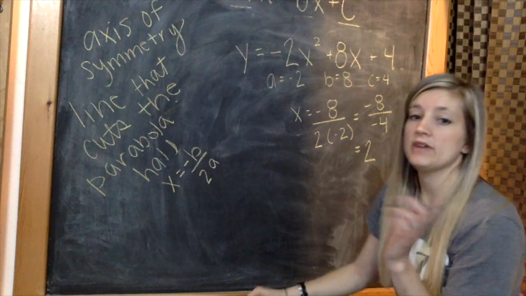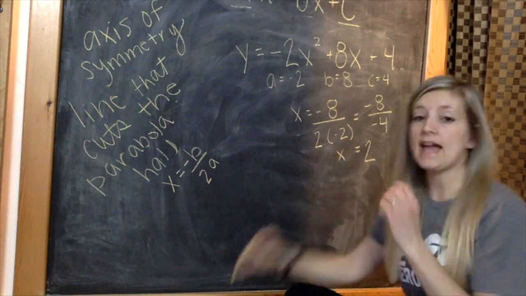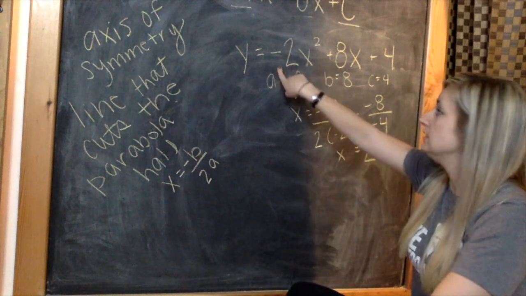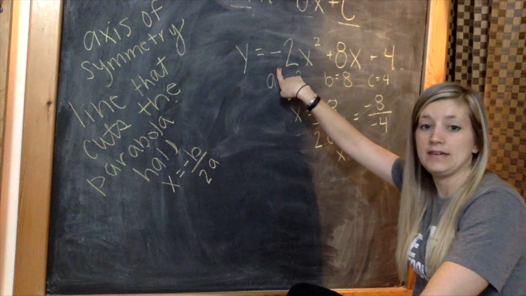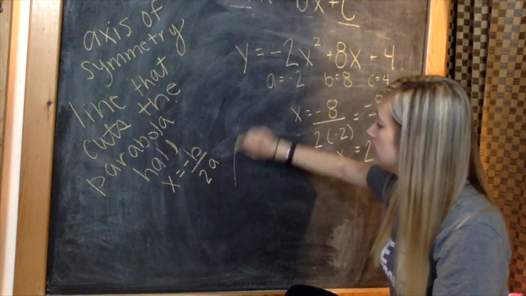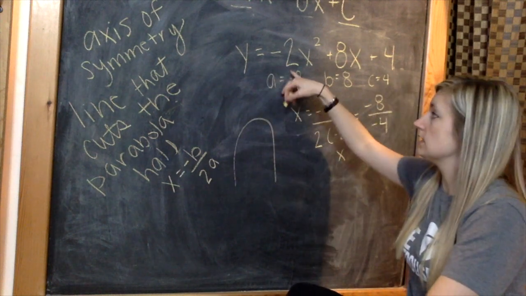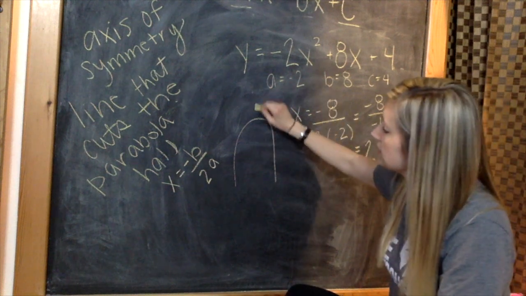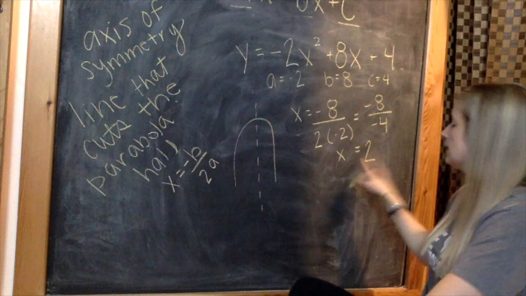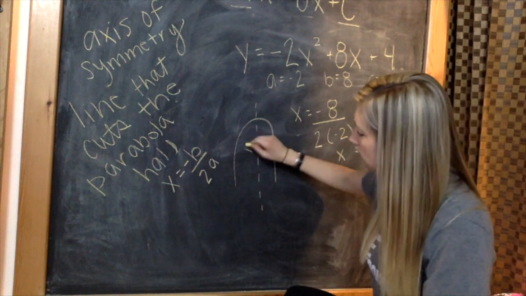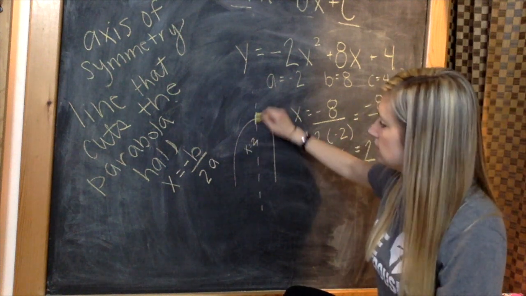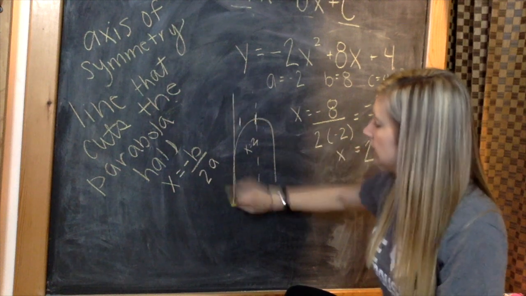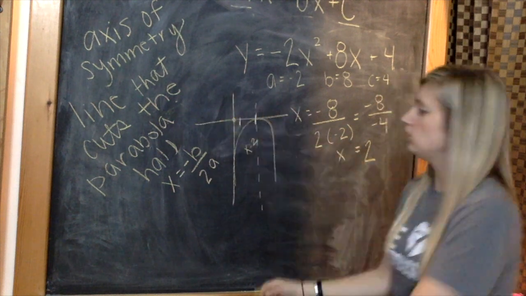So if we have x equals 2, again, we should have a pretty good visualization. Negative 2, that means it's concave down. And if it's concave down, we know that it's a little bit of a stretch because it's a whole number. So we know that this line right here is at x equals 2. So this would be 2, this would be 1, and that would be our origin.